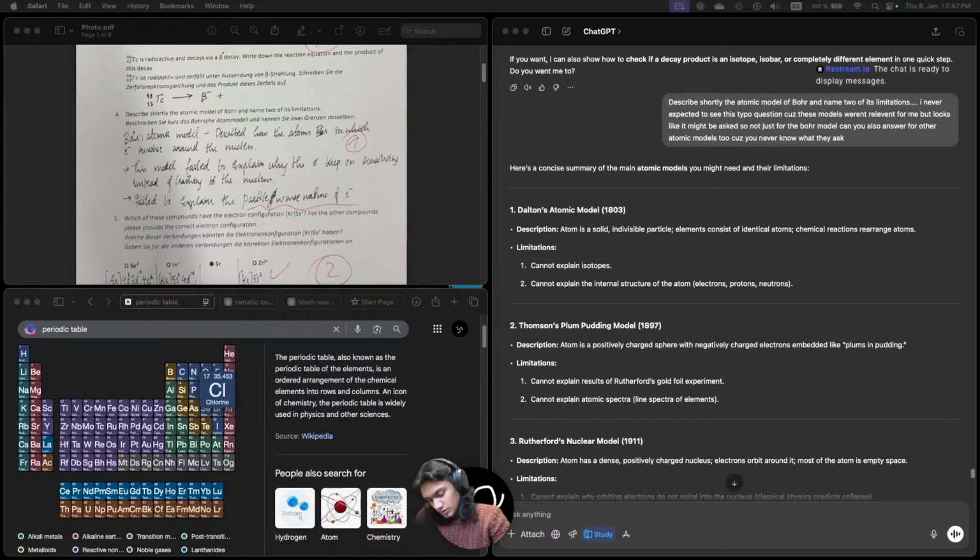Atom is a solid, indivisible particle. Elements consist of identical atoms.